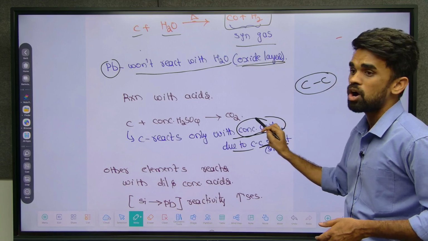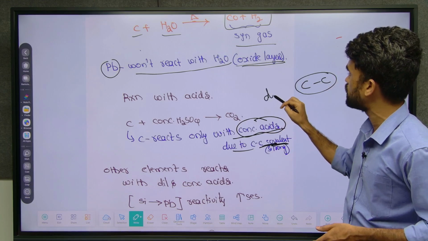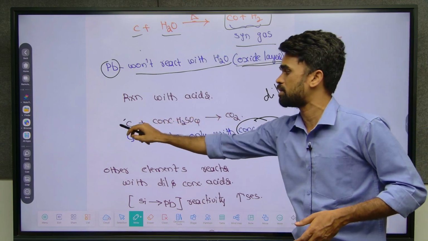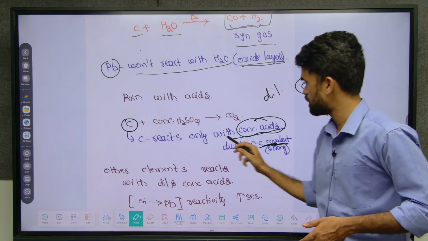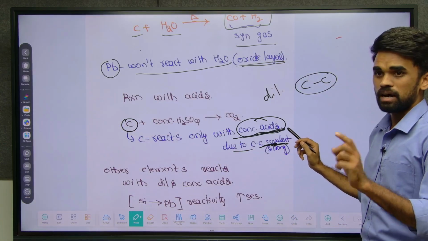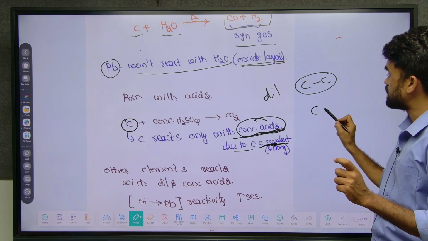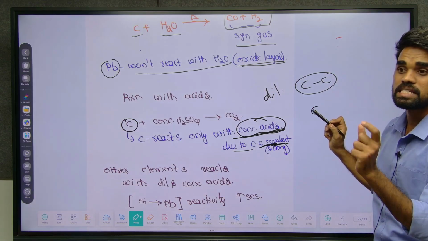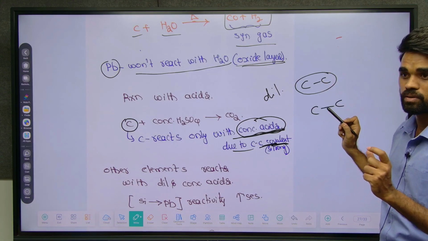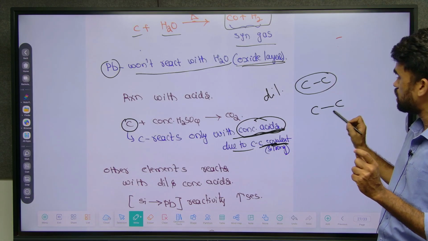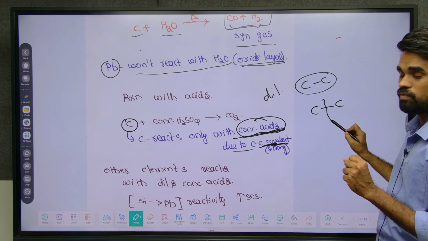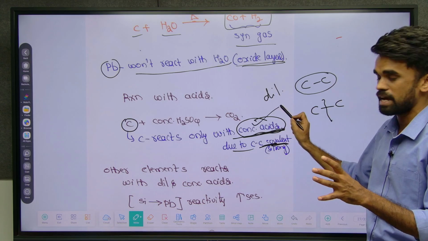It requires strong concentrated acid. If I do it with dilute acid, will carbon react or not? No. What is the reason for that? Just now you have seen the enthalpies. Highest bond enthalpy is for which one? The C-C bond enthalpy is more. In order to break these bonds, we require stronger acids like concentrated acids.